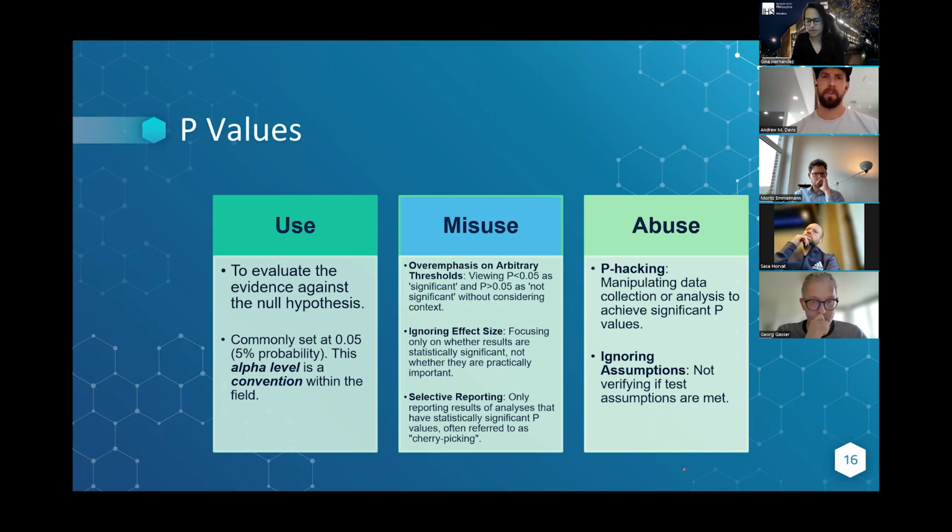So let me go to an example. If you are reading a paper and they are trying to observe the relationship between two variables and they are running a Pearson test, and they are telling you that the correlation between these two variables was significant because the p-value they found was less than 0.05, which is the standard in psychology.